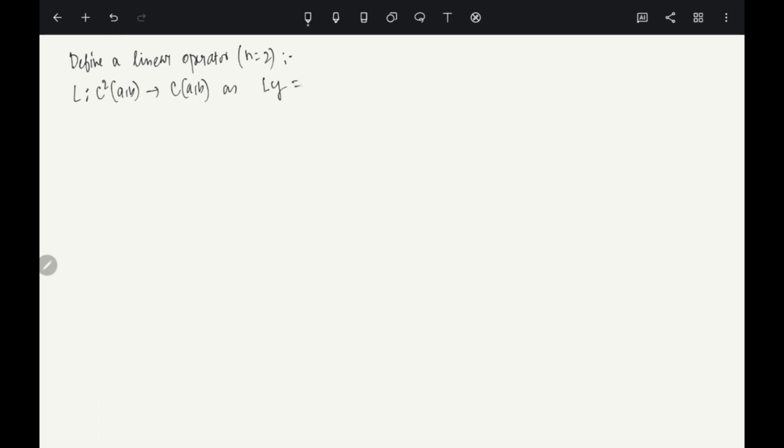Let's say y is a twice continuously differentiable function, and what happens to y when L acts on it? I define it to be a of x y double prime plus b of x y prime plus c of x y. Now you see L is a linear map.